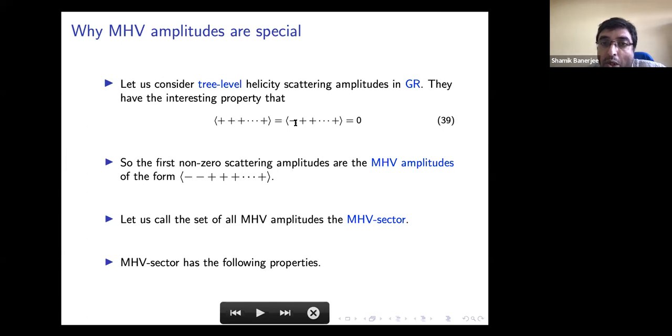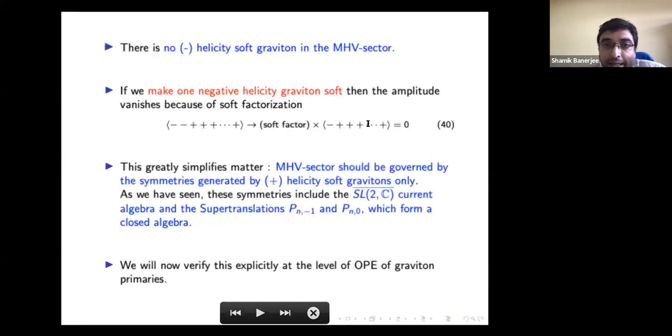Now the interesting thing about these amplitudes is that the all plus and one minus with the rest plus amplitudes are not there. That is essentially the fact that there is no negative helicity soft graviton in the MHV sector. The reason is simple. If we make one negative helicity graviton soft, then the amplitude vanishes because of the soft factorization.